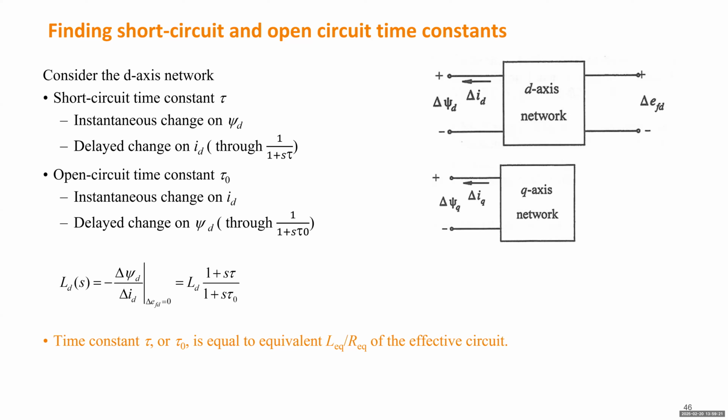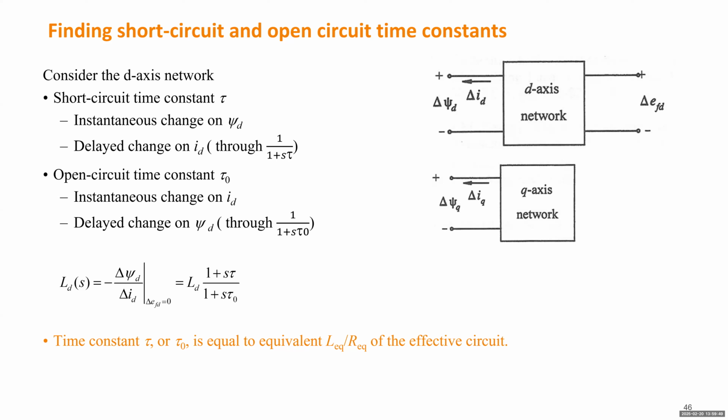Next, okay. So this sentence is very important. The time constant tau or tau 0 is equal to the equivalent L divided by R of the effective circuit. Effective circuit means you just pick a single circuit. You can reasonably ignore anything else which is not related to this dynamic.